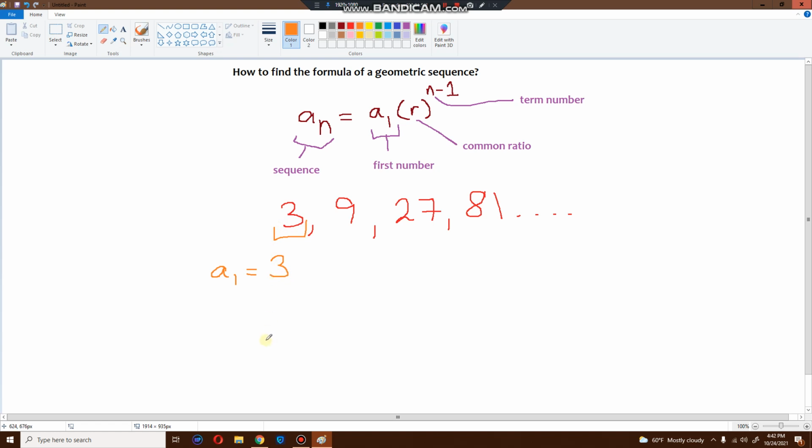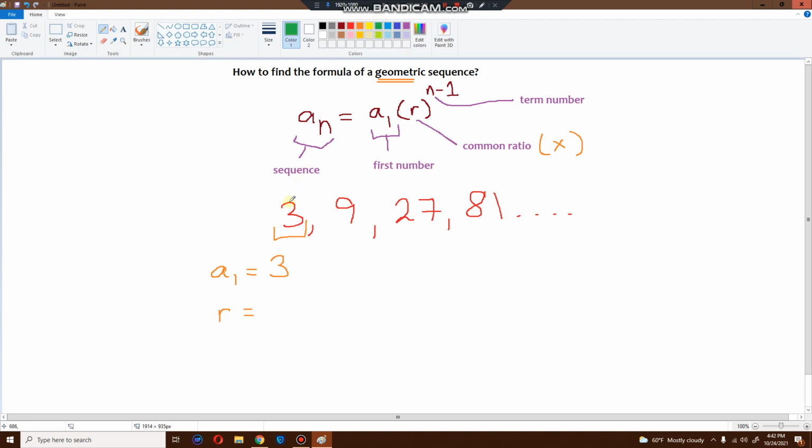Next, let's find the r, the common ratio. Now, in an arithmetic sequence, if you remember, it was all about adding and subtracting. But in a geometric sequence, there's only one math operation you need to think about, and that is multiplying. That's it. There's no division, there's nothing else. It's simply multiplying.